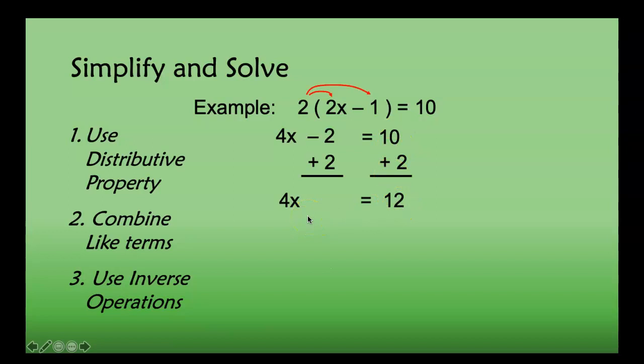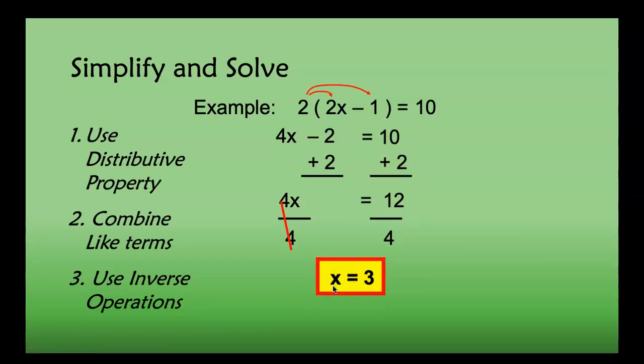And then now you are down to a one-step equation. It's a multiplication problem, so you're doing the opposite. Opposite of multiplication is division. So divide both sides by the coefficient 4. So 4 divided by 4 is a 1. You will have 1x. And then 12 divided by 4 is 3. So x is equal to 3.